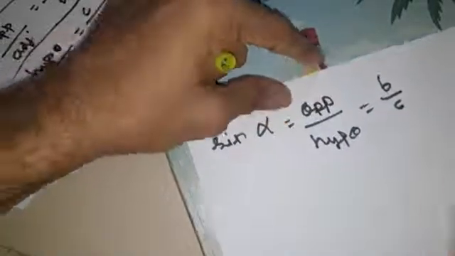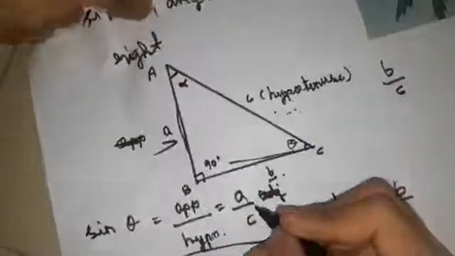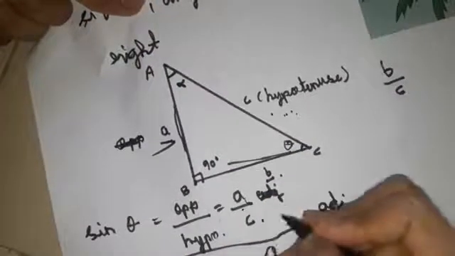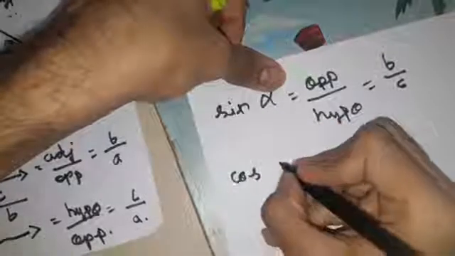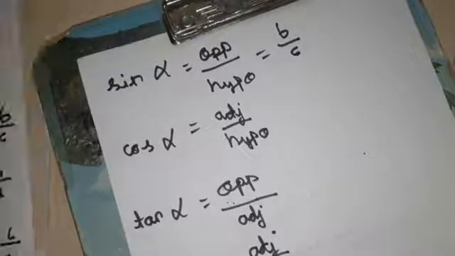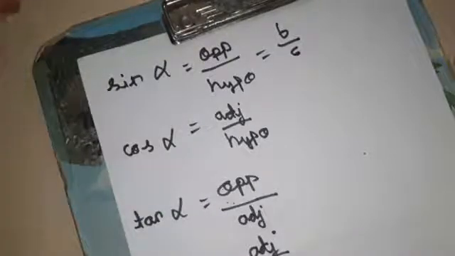This is the change: for theta it was a upon c, and for alpha it is b upon c. Similarly for cos alpha, the formulas remain the same but the sides change.